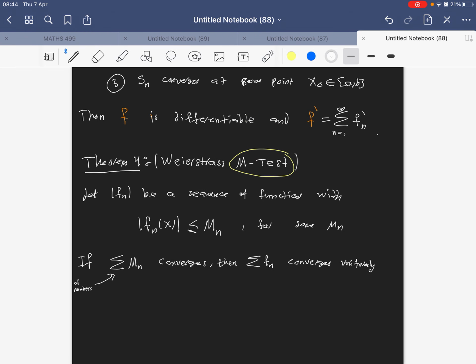So the idea of the M-test is that it will tell me if my series converges uniformly or not by finding a bound for each function and making sure that the series of these bounds converges as numbers. We have already seen this before, the series of numbers, in the previous chapter.